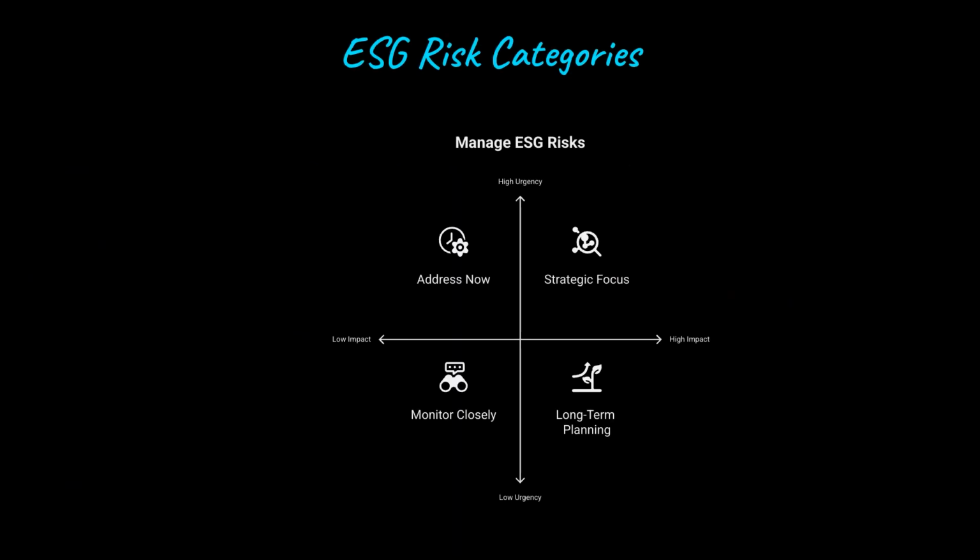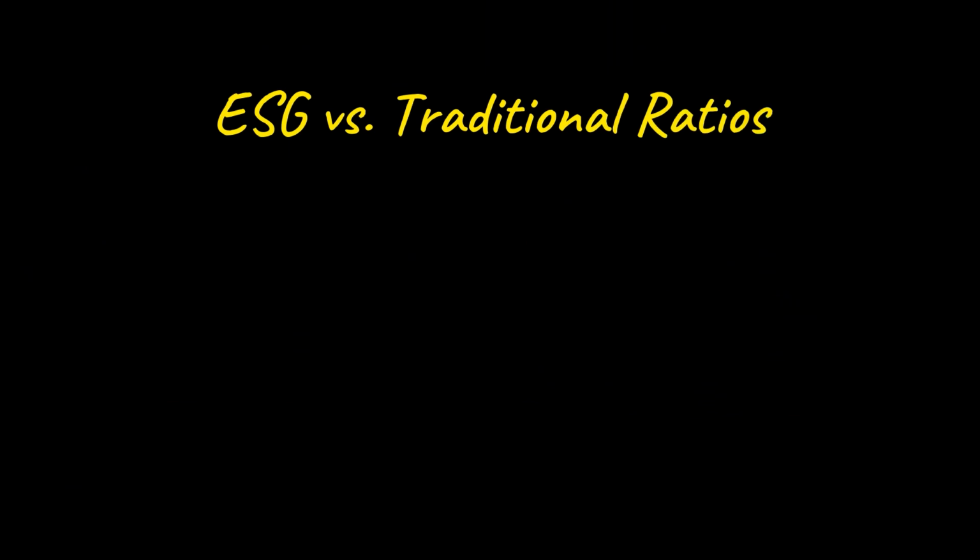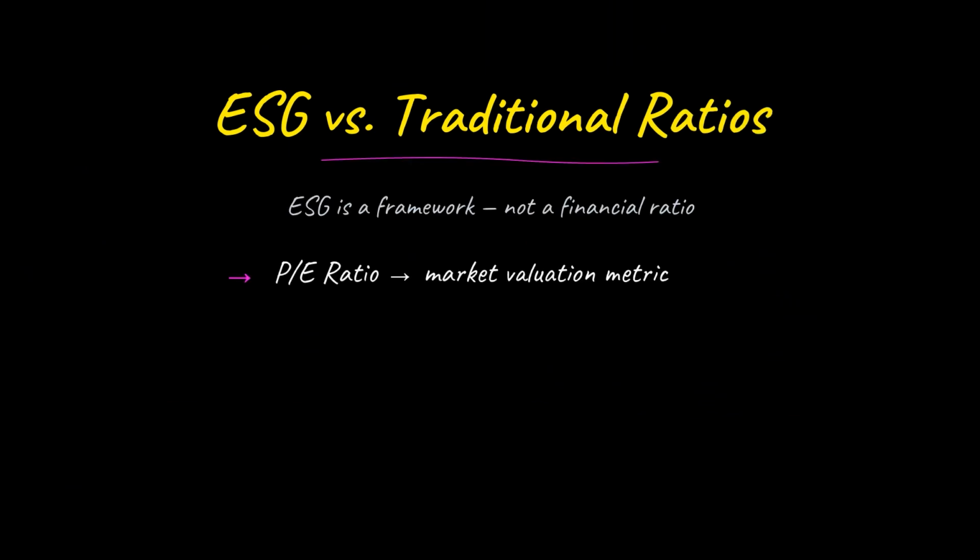ESG analysis typically combines quantitative metrics like carbon emissions, employee turnover, and board independence with qualitative judgments, often aggregated by ratings agencies into scores that investors use to compare companies. The key exam distinction is that ESG is a broad framework, not a single financial measure. Price to earnings is a valuation metric.